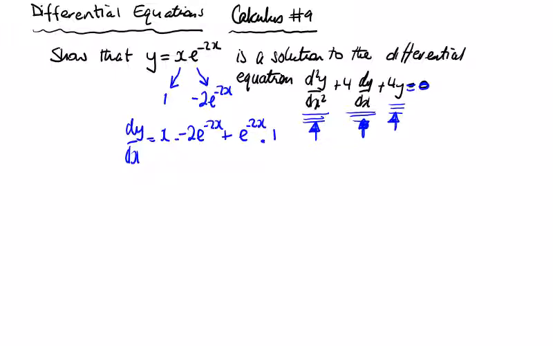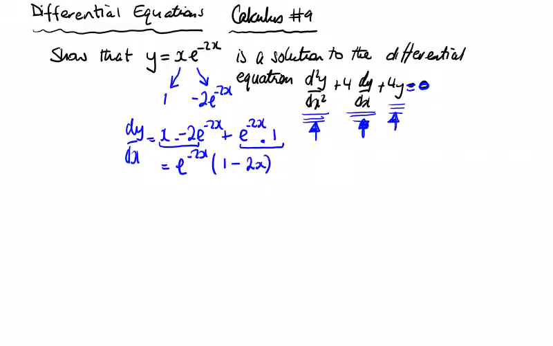So in this case, we have e to the power of minus 2x in both. So e to the power of minus 2x, and that's going to leave me with just 1 minus the 1 from here, and we have minus 2x times the other one. So that's dy dx.